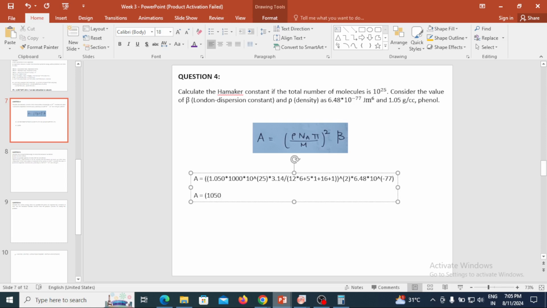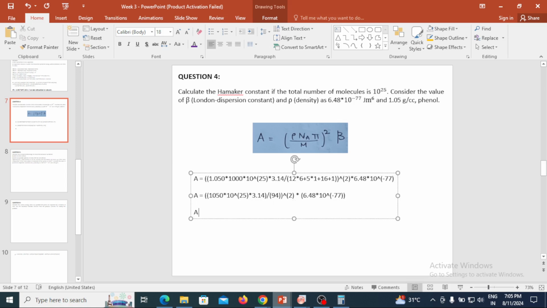So let me just minimize this expression. 12 times 6 is 72, plus 5 is 77, 78 and 94. That multiplied by this expression, 6.48 times 10 to the power minus 77.